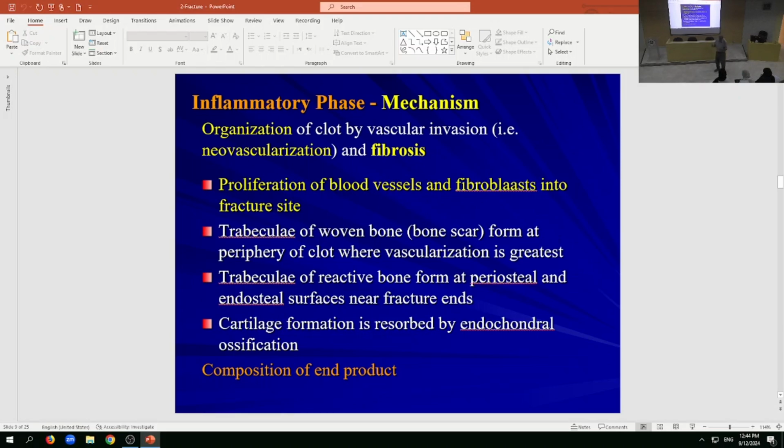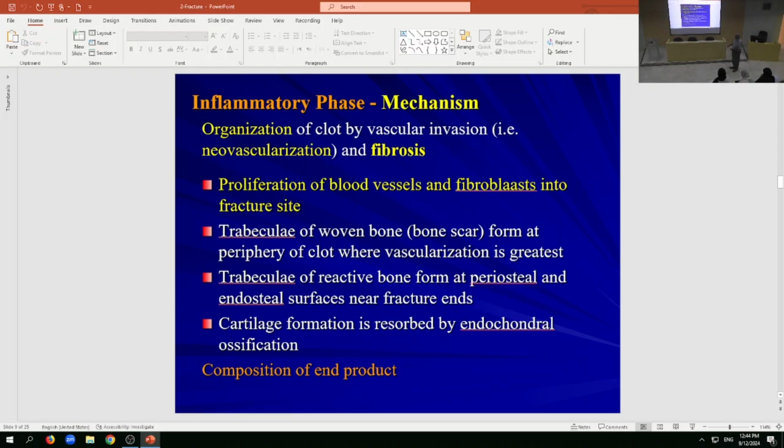So it's a natural process. So there are trabeculae of woven bone, some bone scar, that start to appear at the site of the fracture.